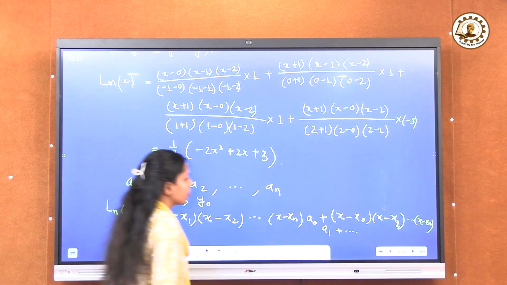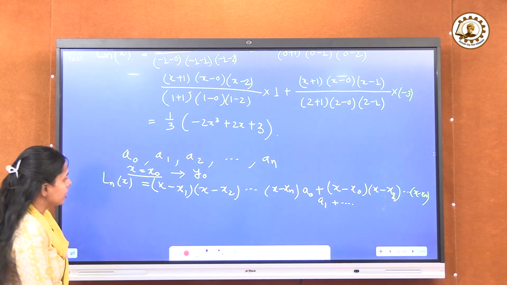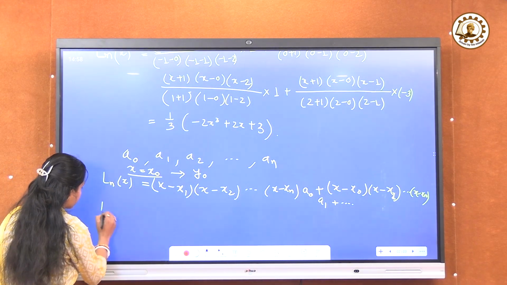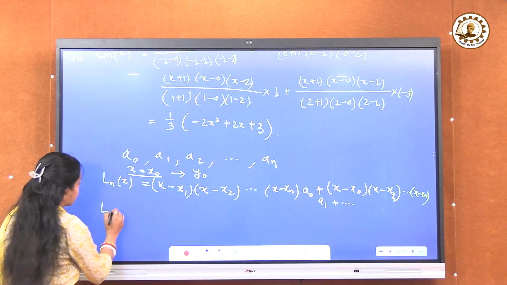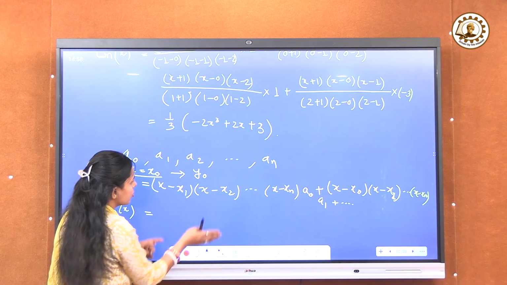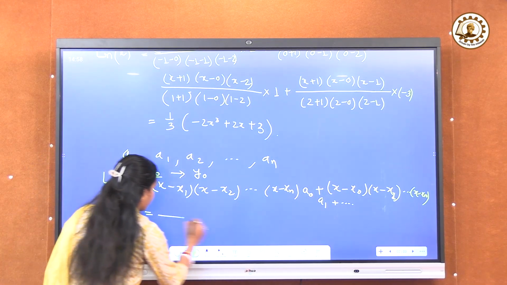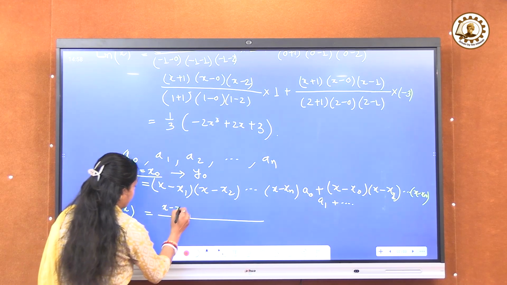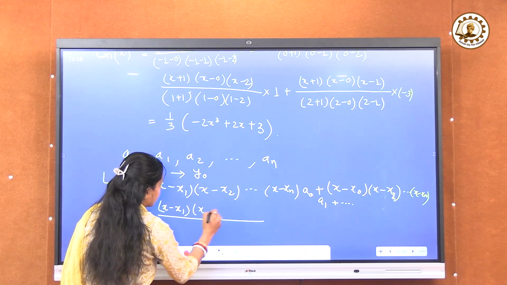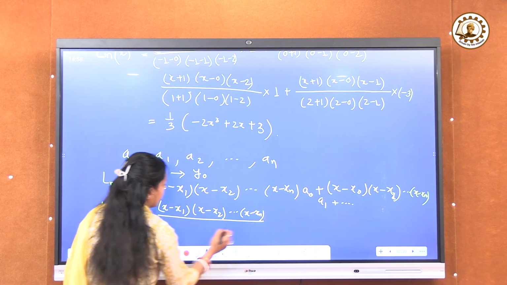This process continues up to nth order. Here our Lagrange's interpolation formula becomes Ln(x) equals, when we substitute a0, a1, the formula becomes (x minus x1), (x minus x2) up to (x minus xn).